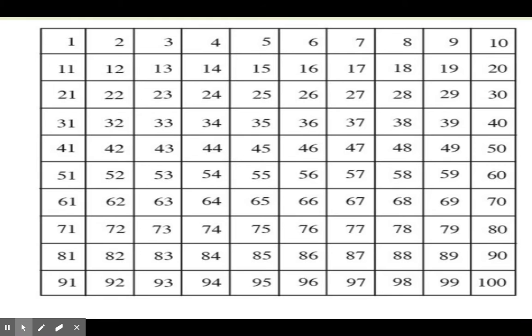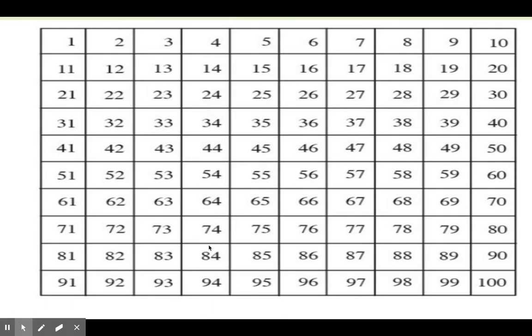The tricky one that we're going to look at today is 4. So just take a minute and study that grid. Can you see the numbers that are divisible by 4? Well, you may notice with the 4s, they jump.